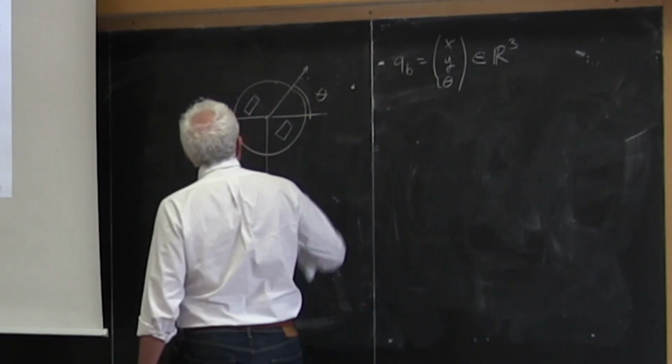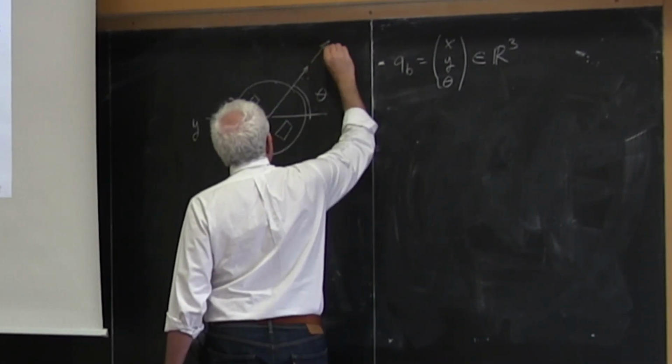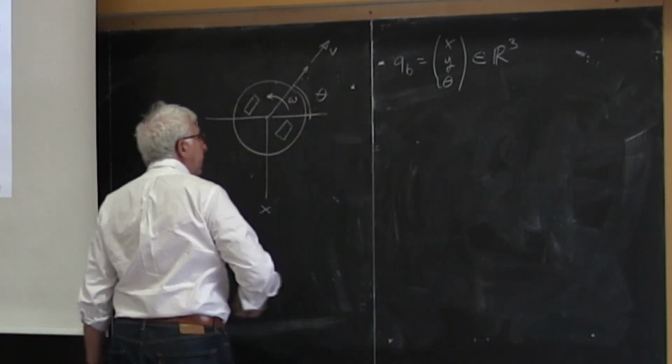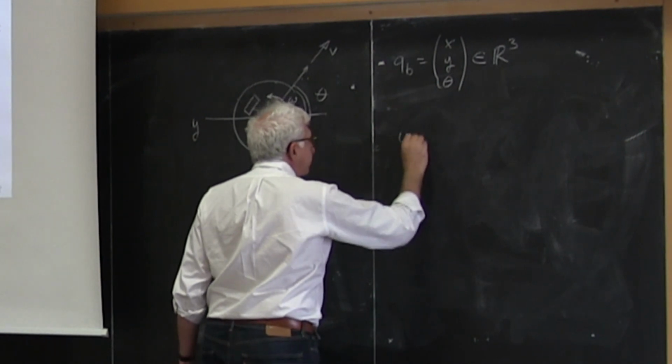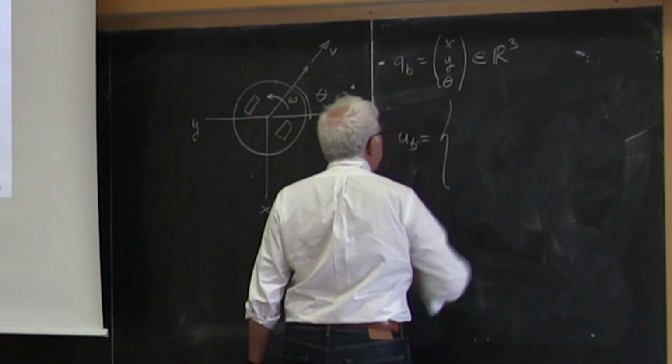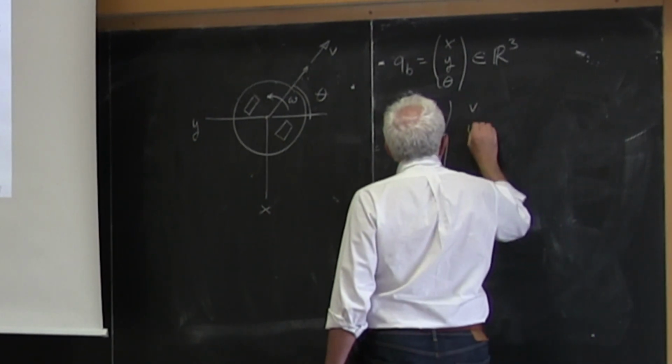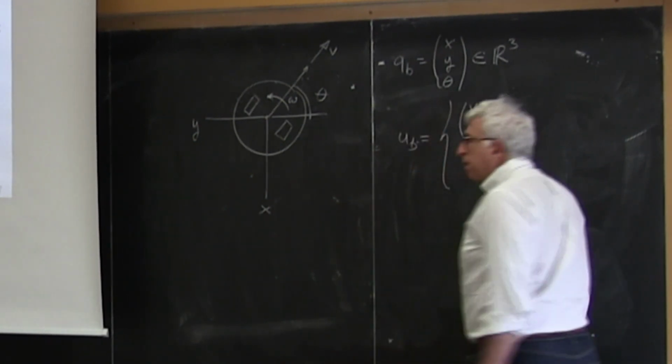Which are the commands? We said that we can have a linear velocity v and an angular velocity omega. So the ub may be one of a different set of inputs. This is the more, let's say, geometrical input.